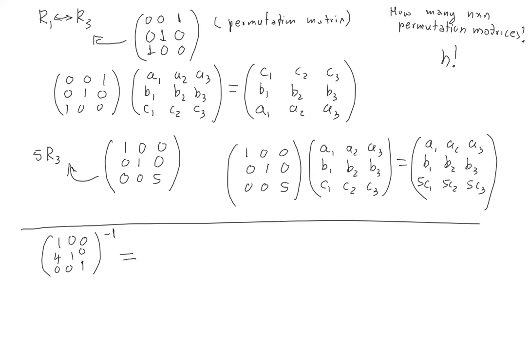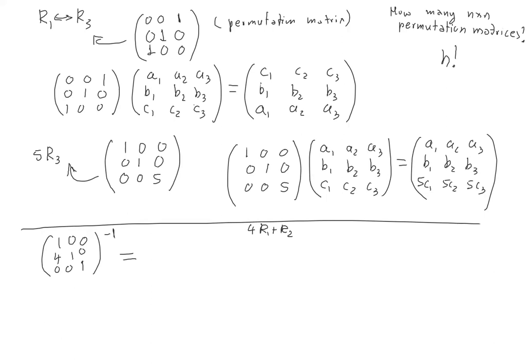Think about it this way. What operation undoes 4 row 1 plus row 2, which is exactly what this matrix implements? So what is the row operation that will undo 4 row 1 plus row 2?